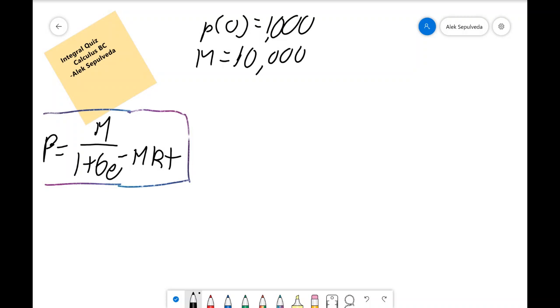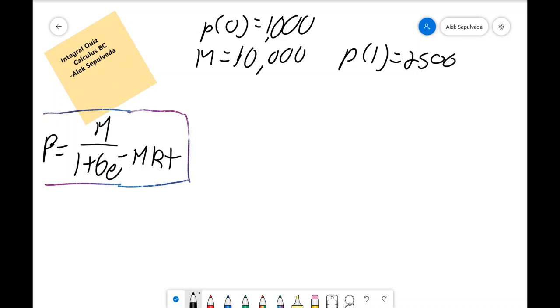And if the population grows to 2,500 after 1 year, so when P1 is equal to 2,500, what will the population be after 3 years?